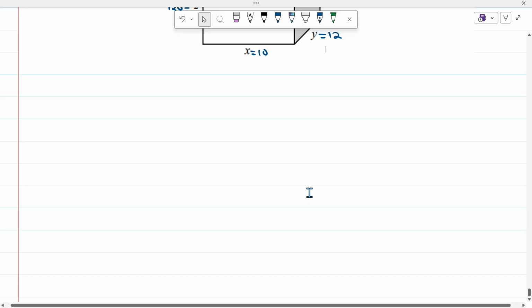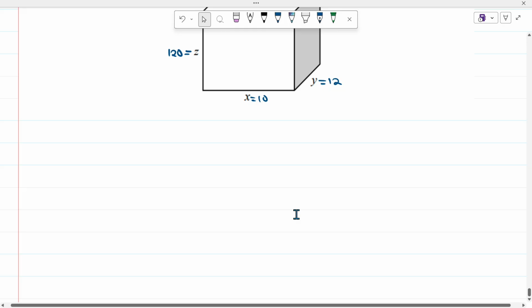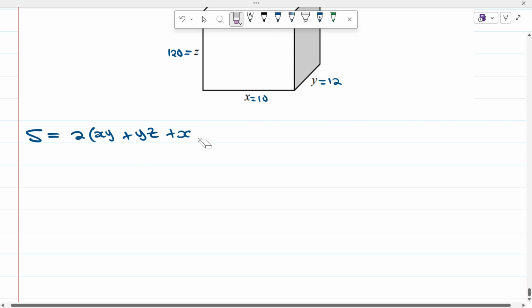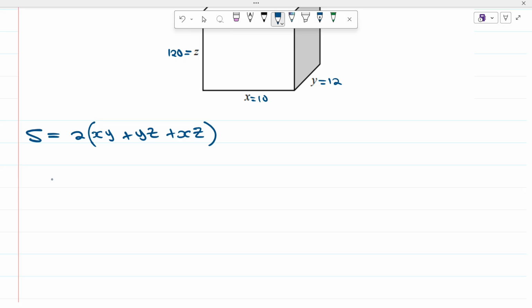I can start. Let me just rewrite the equation that they gave us here. So S equals 2 into xy plus yz plus xz. So we are going to differentiate this surface area partially with respect to these three variables respectively.